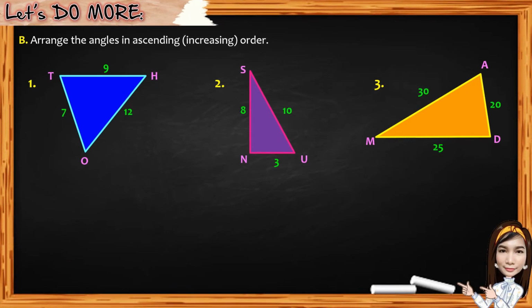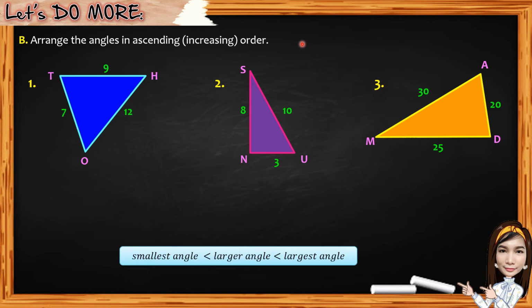Now let's proceed to letter B. Arrange the angles in ascending or increasing order. And that will be the smallest angle less than the larger angle less than the largest angle. So when we say increasing, from smallest to largest. Now for number 1, in triangle HOT, the smallest angle is angle H, opposite the shortest side, TO, 7.